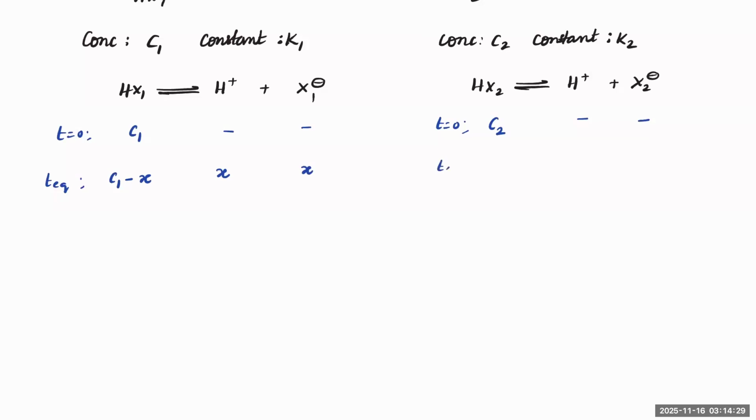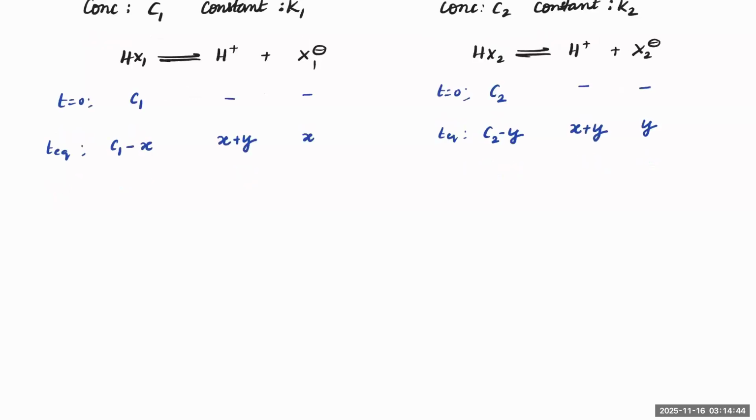At equilibrium, here this will become C2 minus some Y amount lost. This should become Y amount. But you notice that in the solution there is already some X amount, and here I should also be able to view Y amount present. So this is important: the H plus ion concentration will be the sum of the contributions from HX2 and HX1.